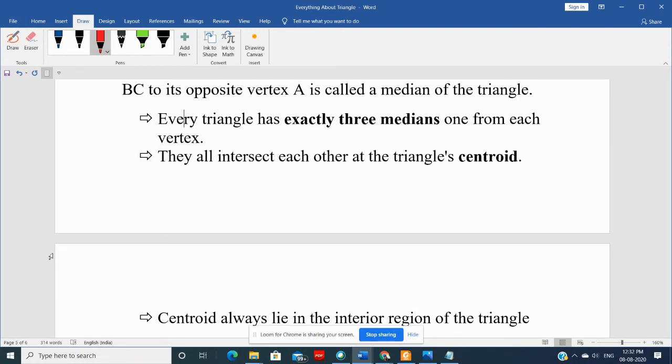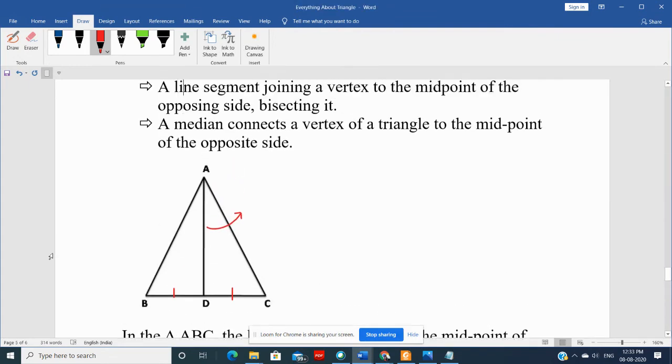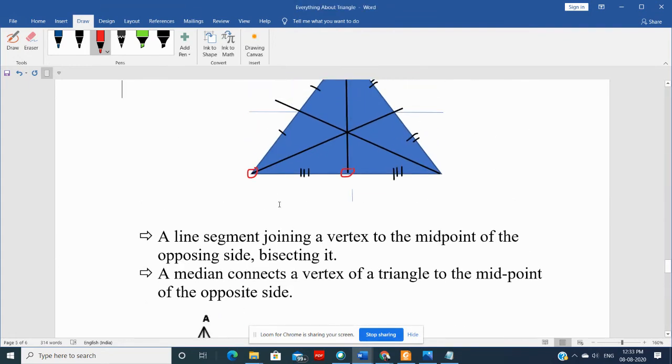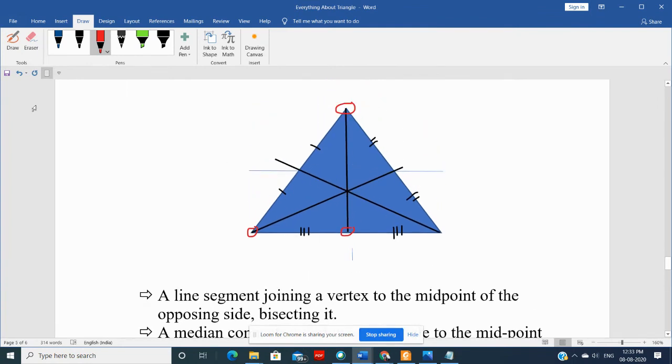Now, remember this. Let's go back to the figure. See, this point where all the medians are intersecting each other, see, let me draw it. So this point, just a minute. This point is actually your centroid.